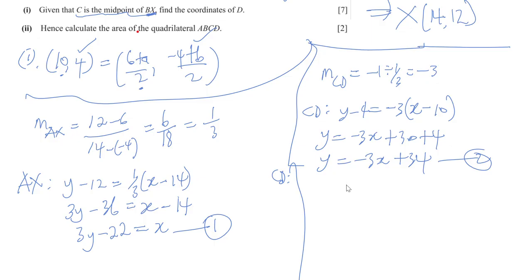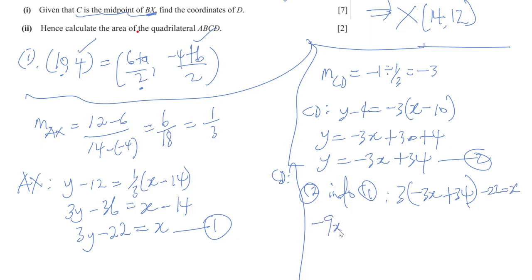So now solving these two equations simultaneously gives you the coordinates of D. Let's put equation 2 into equation 1. 3y, now the value of y is -3s plus 34. 3y minus 22 equals s.